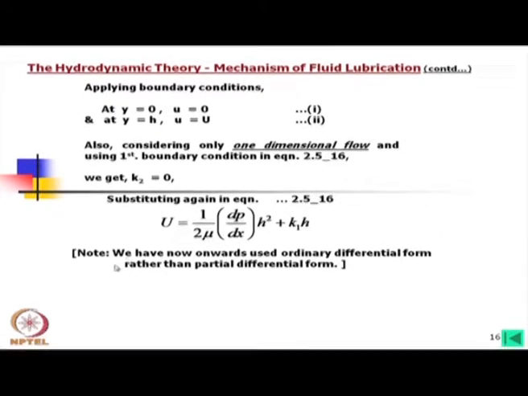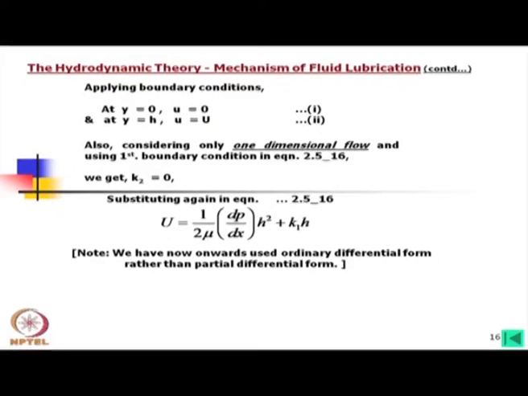Now, here if you look into this, from now onward we have used the ordinary differential form rather than the partial differential form. Earlier, while deriving the equation, we used the partial differential form because the variation in pressure might be in all directions.